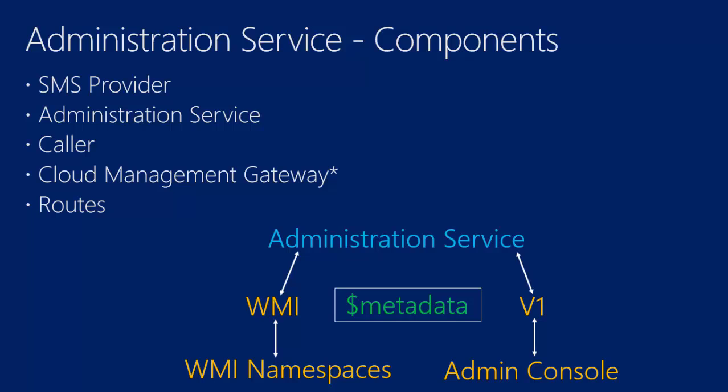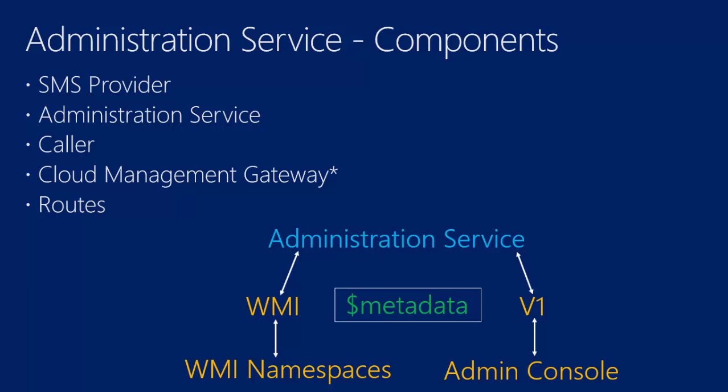Whenever you have the administration service available through the Cloud Management Gateway, that in no way, shape, or form means that you can only access it from clients that are running on the internet. Not at all. In an example coming up, I'm going to show you running a query against the admin service on the Cloud Management Gateway just from my desktop, which is not a Config Manager client of my Config Manager infrastructure.